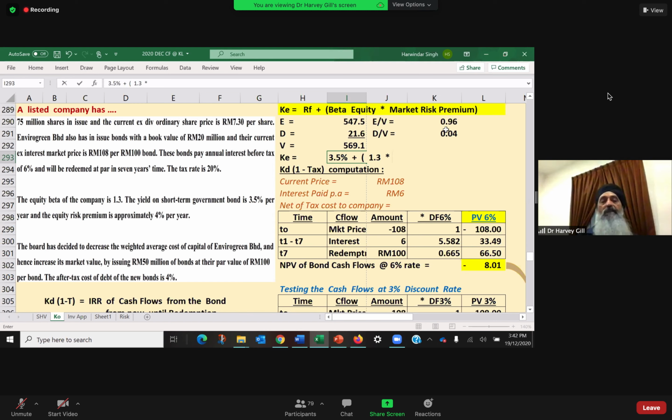Then this should be multiplied by market premium for risk. They have already given you the equity risk premium is 4%. So here you don't need to work out the market return or anything like that. They already given us the market risk premium 4%. So we can take 4% straight away.